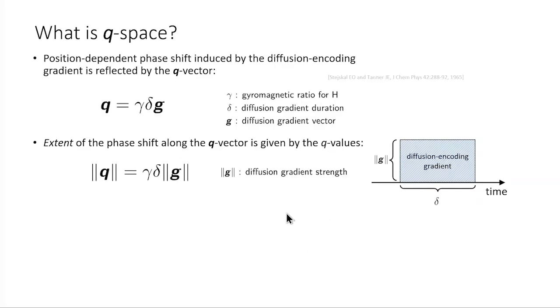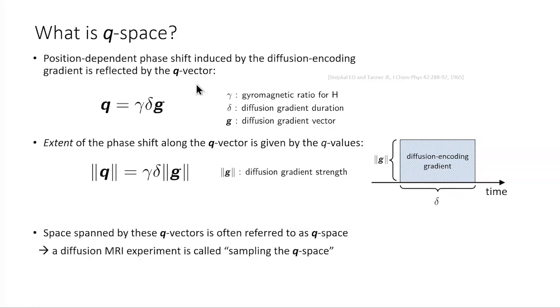The amount of dephasing and the position dependence of this dephasing is encoded in the q-vector. If we want to know the direction of the diffusion encoding, we have to look at the direction of this vector. And if we want to know how strong the position-dependent phase shift is, we have to look at its magnitude.